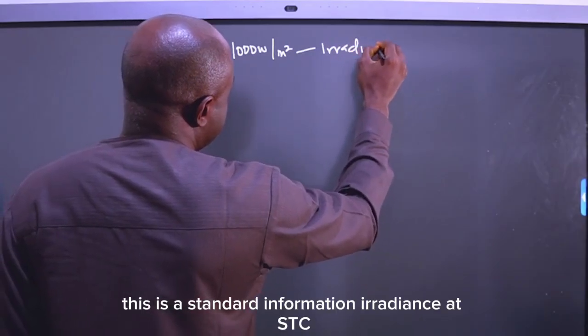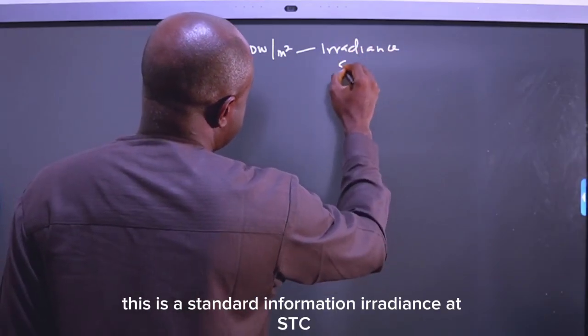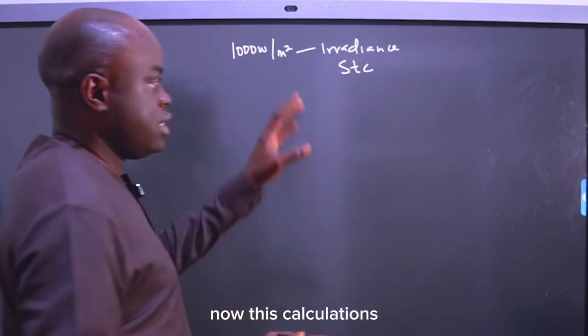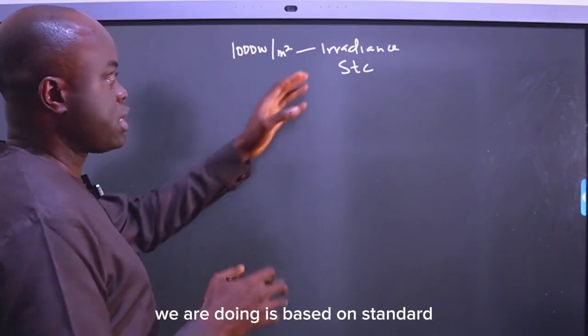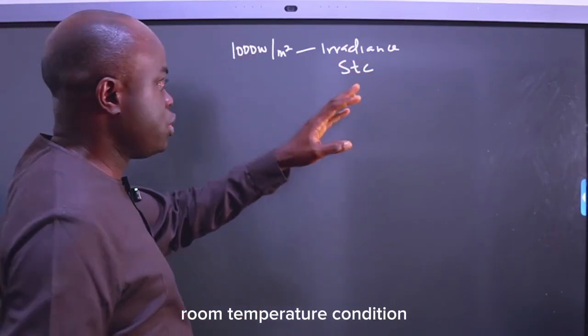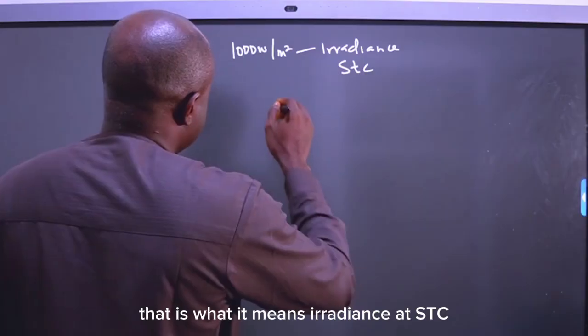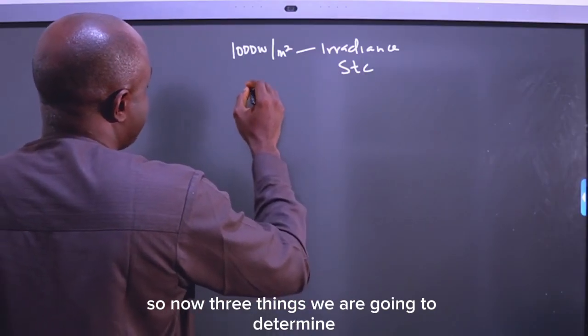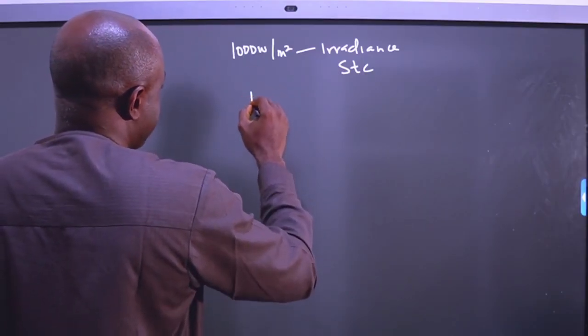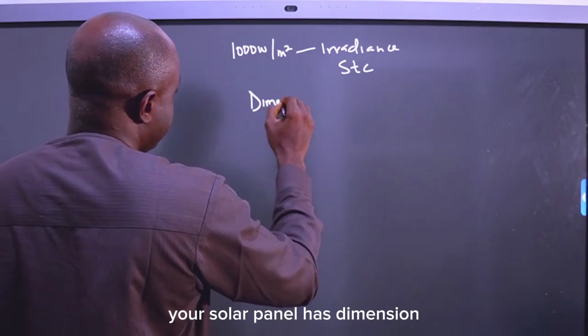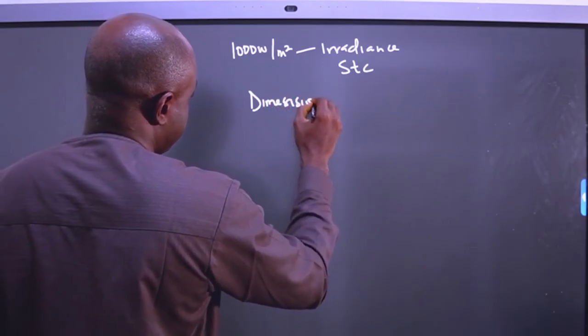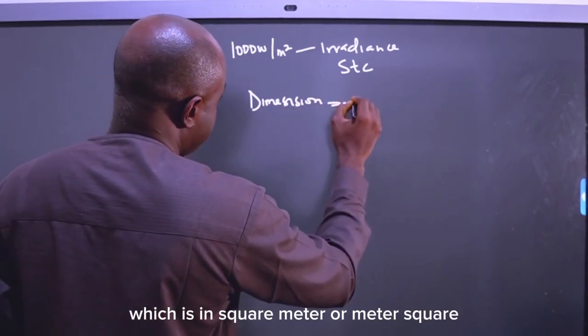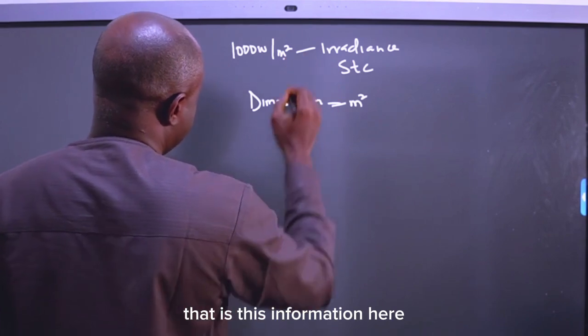This is standard information. Irradiance at STC. Now these calculations we are doing are based on standard room temperature condition. That's what it means, irradiance at STC. So now, three things we are going to determine. Your solar panel has dimension, which is in square meter or meter square. That is this information here.